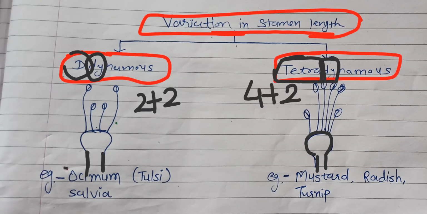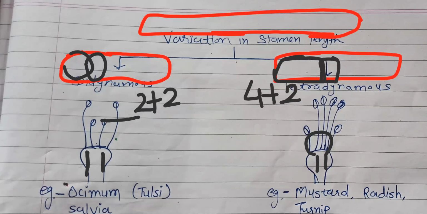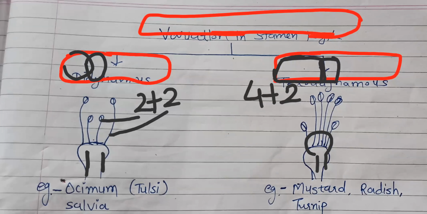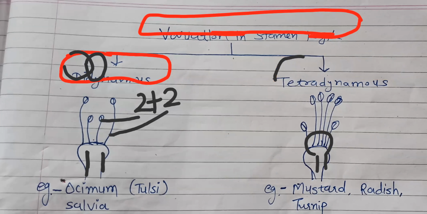Right? 2+2 arrangement, two short and two long filaments. Next, tetradynamous condition. In that, four long and two short anthers.